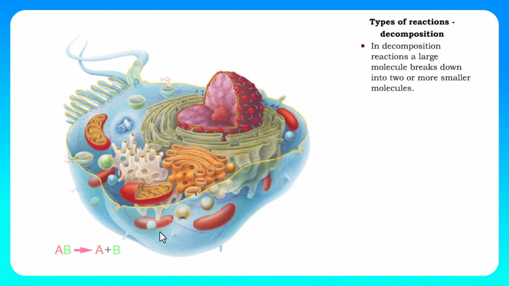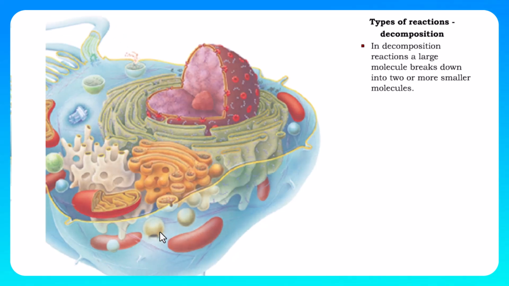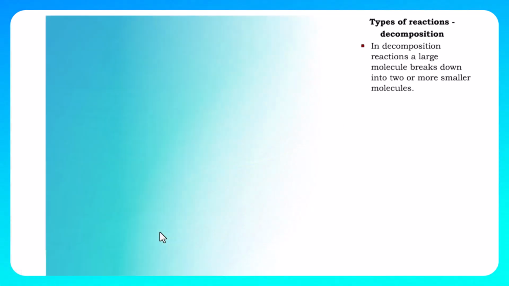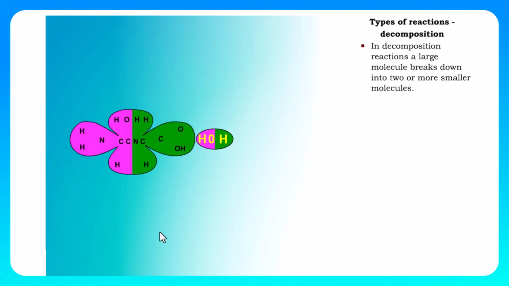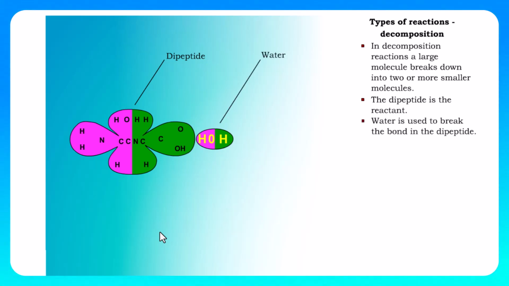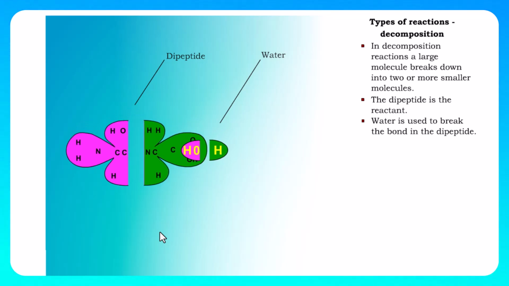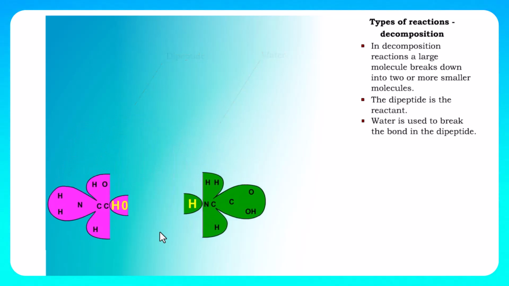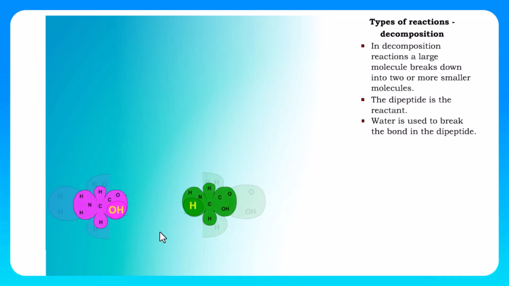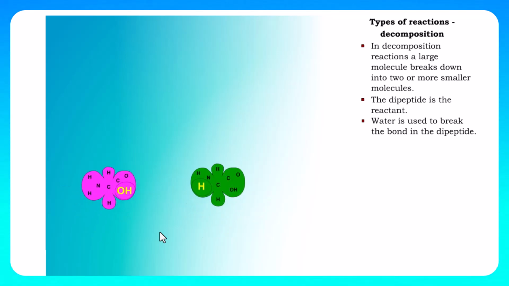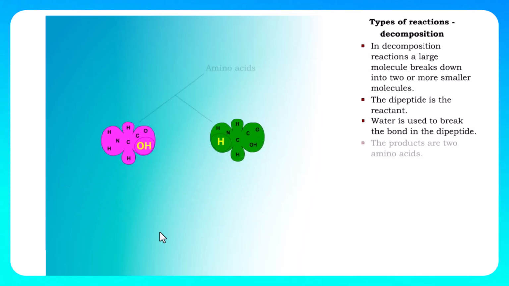For example, a dipeptide can be broken down into two amino acids. In this case, water is used to break the bonds. This kind of decomposition is called hydrolysis.